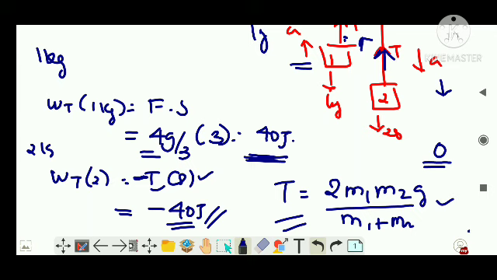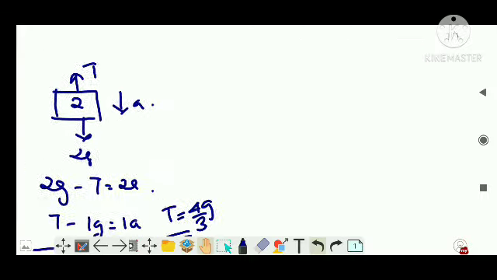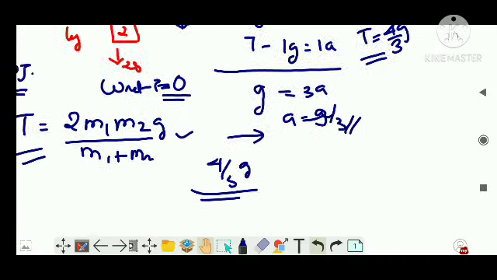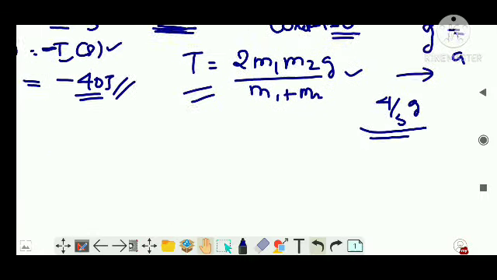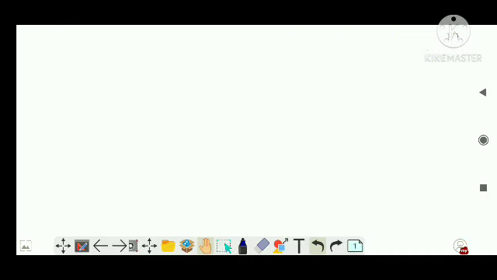That is, in this case, net work done by the tension is equal to 0, but the net work done by gravity is not equal to 0, right? So there can be many scenarios where the net work done by tension can be 0, but net work done by gravity is not 0, even if they look equivalent, right?